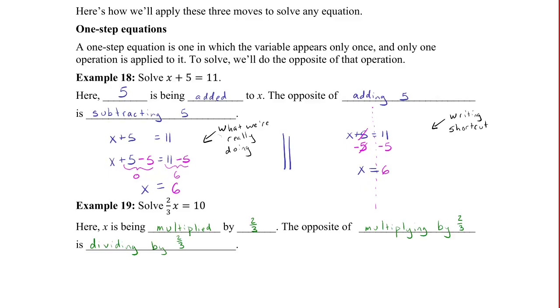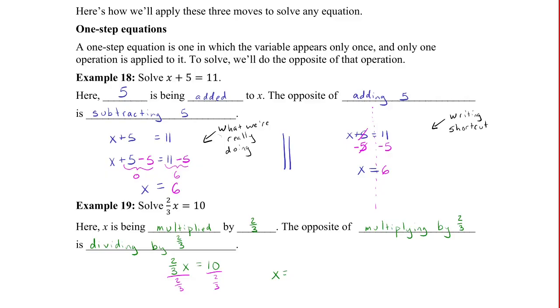So we have our equation, 2/3 x equals 10. And the way I'm going to write this is I'm going to just write divided by 2/3 on each side. And so we'll get x equals 10 divided by 2/3.